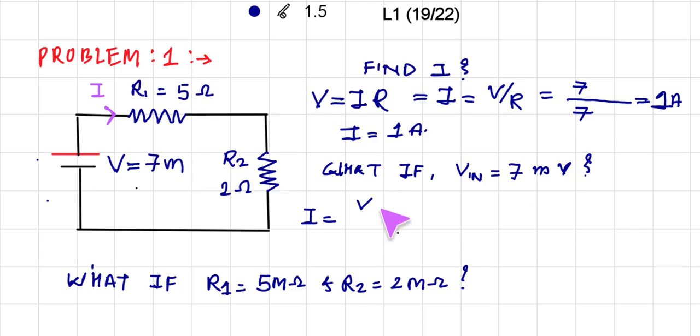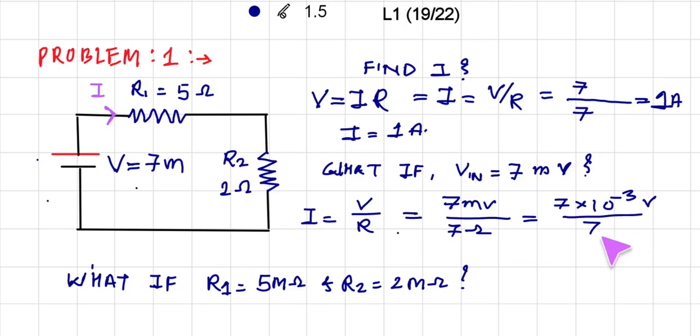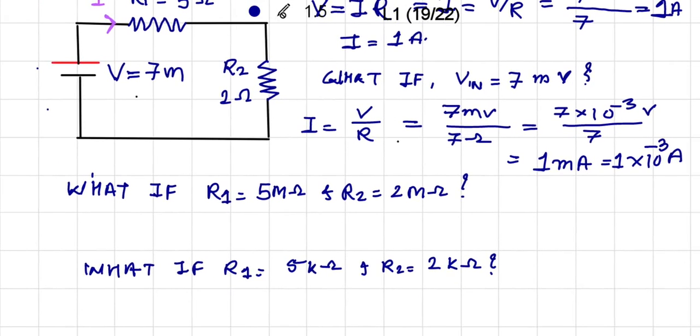So I is equal to V upon R. So remember that here it is 7 millivolt divided by R1 plus R2, that is 7 ohm. 7 millivolt is nothing but 7 into 10 raised to minus 3 volt divided by 7. So the value of current will be 1 milliampere. Milli means 1 into 10 raised to minus 3 ampere. That you should remember.